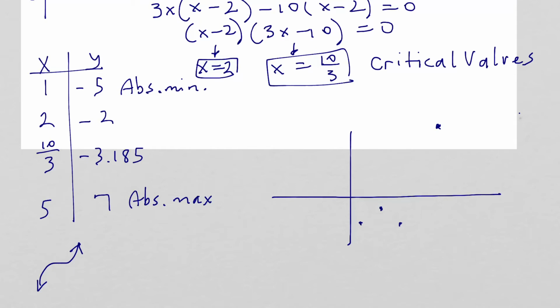On my left end, I'm down end behavior, and on my right end, I'm up end behavior. So connecting the dots, I'm going to have to turn around here and here to get this end behavior. Here you would see that I'm going to have a local max and here a local min. So at x equals 2, I'm going to have a local max where I turn around, and a local min at 10/3 where I turn around again.